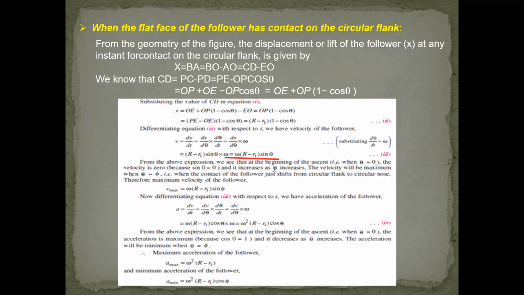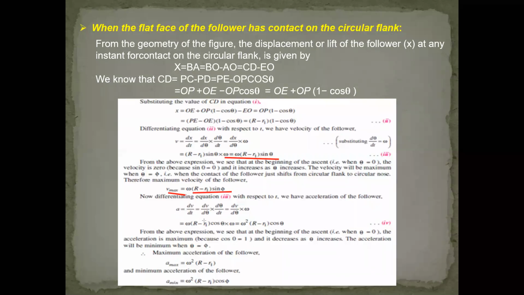But as theta increases, for the maximum, theta is replaced with pi. So Vmax equals omega into capital R minus r1 into sine pi.